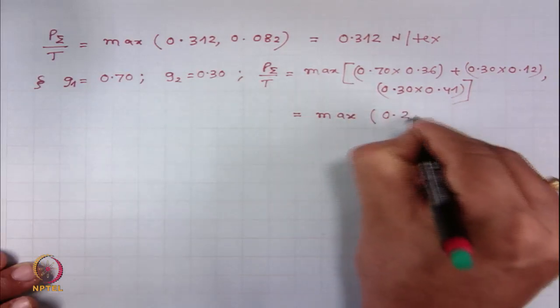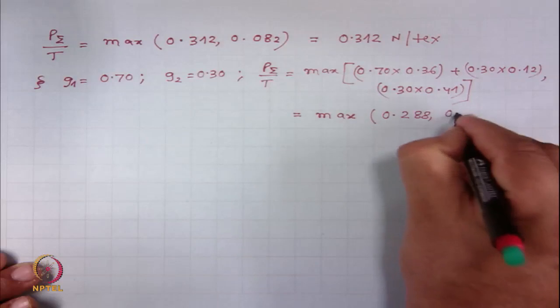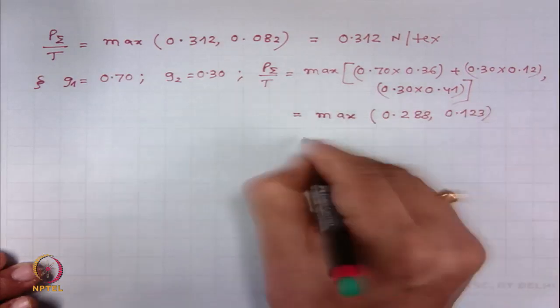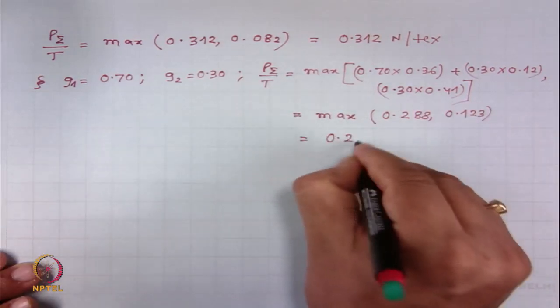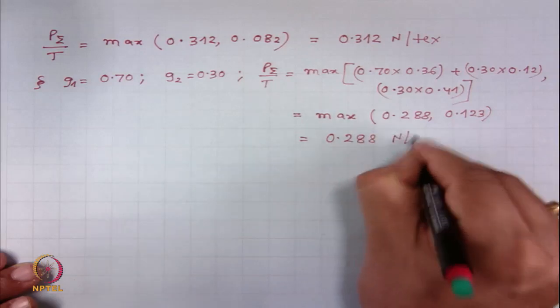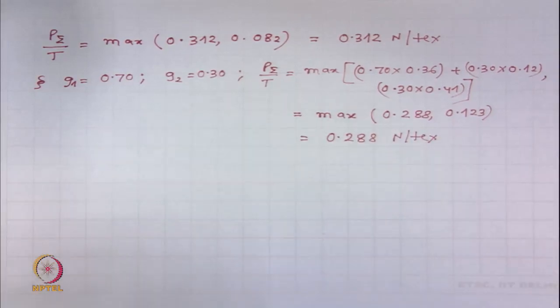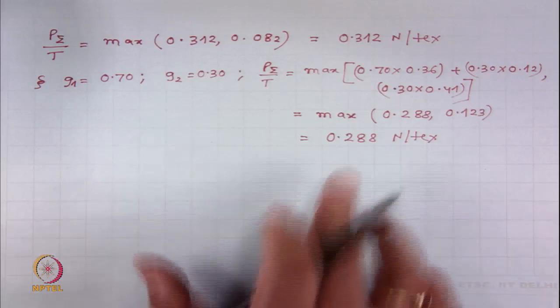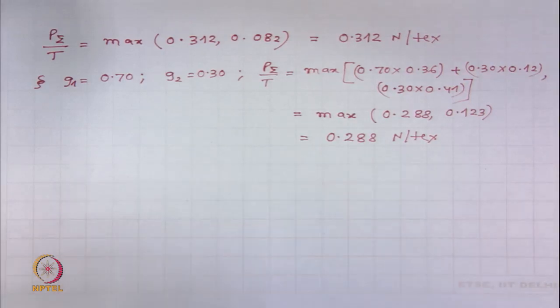These values are 0.288 and 0.123, so the maximum is 0.288 Newton per tex. So, at the 70-30 blend ratio, the bundle tenacity will be equal to 0.288 Newton per tex.